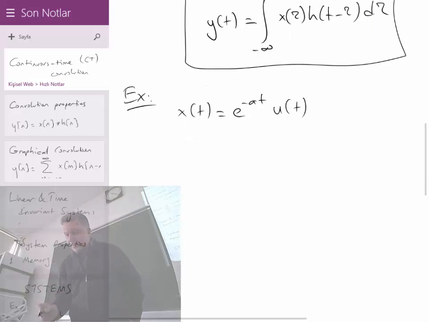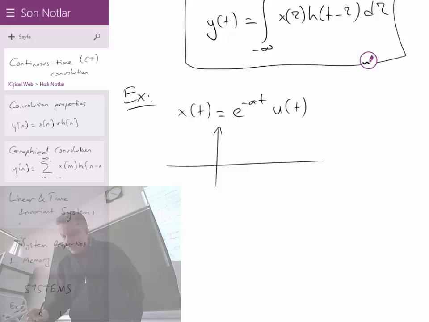That kind of shape. So it was all zeros and then jumps to 1 and then decays. Well, it's a bad illustration. All right, so this is x of t, let's assume.